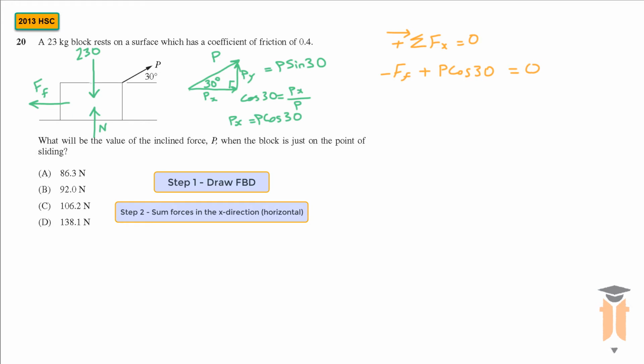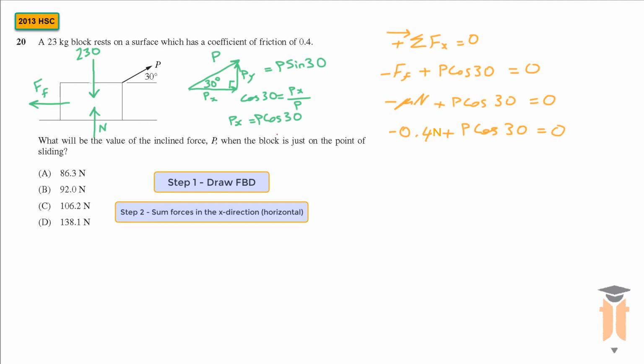Now I can replace the frictional force with its equation. If you look into the formula sheet, you'll find that the frictional force is equal to the coefficient of friction times the normal force. So we have minus coefficient of friction times the normal force plus P cos 30 equal to 0. The coefficient of friction is 0.4, so minus 0.4 N plus P cos 30 equals 0. So that's my first equation.